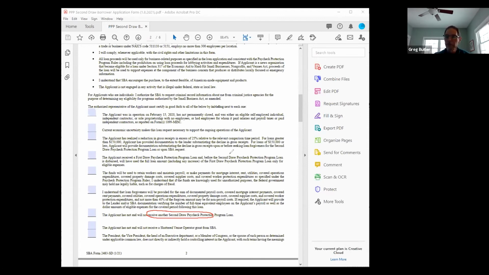One other thing I'd add on the revenue reduction, certainly for loans over 150,000, and we are doing this, like I said, for every loan. We're collecting the financial information to document the 25% reduction. The SBA is requiring that the first page of those statements is signed by the borrower, and then if you had 4 pages of a financial statement, the other 3 pages are initialed.